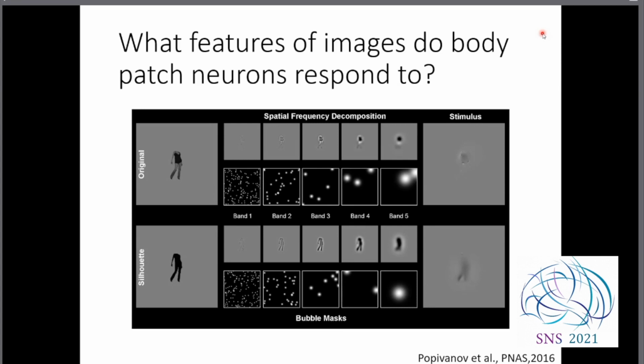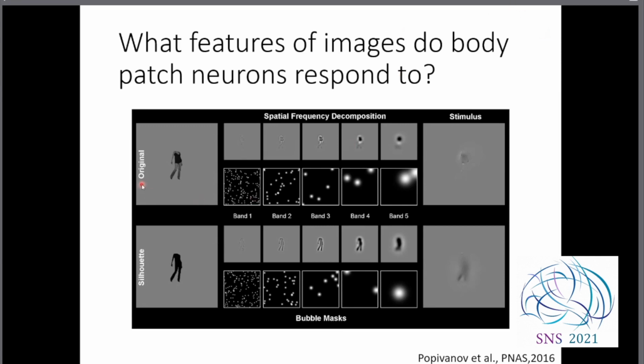We also employed it here, in collaboration with Philippe Schyns, to get a handle on what kind of image features determine the responses in these body patch neurons. And I'm talking here only about MSB, the posterior, mid-STS body patch.